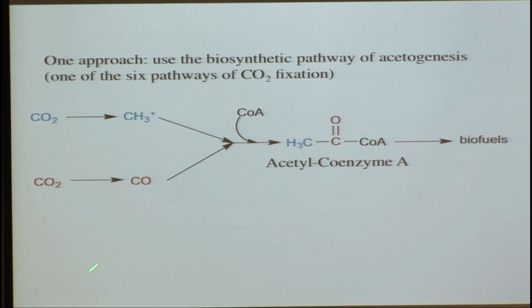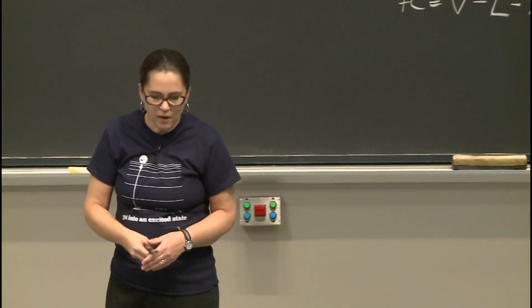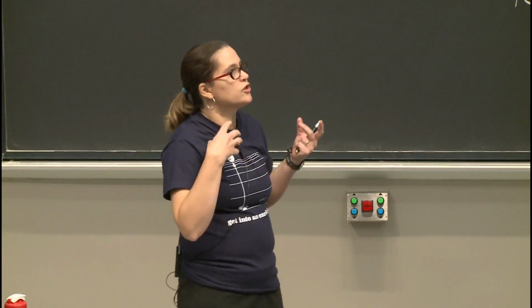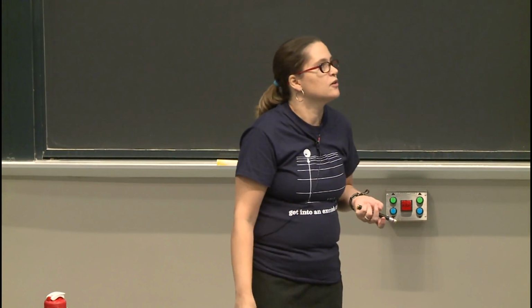And so here you have 2 molecules of CO2, one in blue, one in red, that are both converted to other carbon units that are then combined with coenzyme A to make acetyl-CoA, which then can go on to make biofuels.